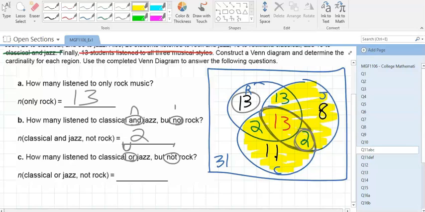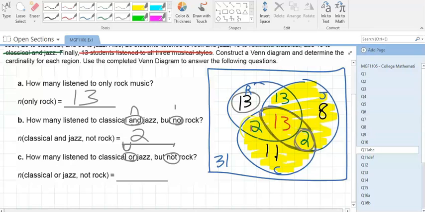Which numbers are we going to throw out? The 13, which one? Both of them, the red and the green 13s that are right there. Because both of these are in what? The rock. Who else are we throwing out? Well, that number's not even highlighted, so we don't worry about that.